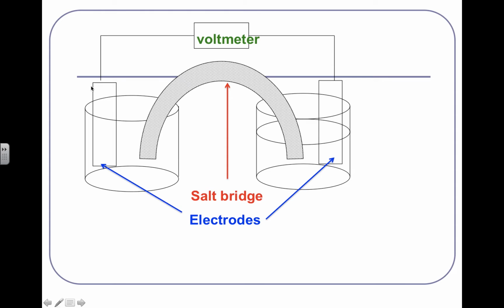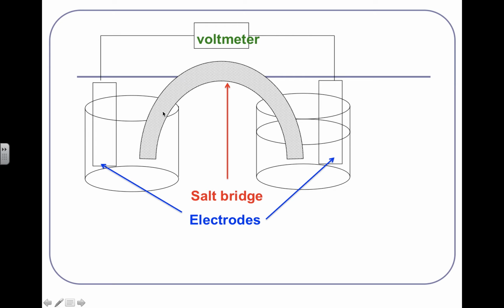Okay, so these are our two electrodes, and each of these is a half cell. And then they're going to also be connected not only by this external circuit, but also by a salt bridge. This salt bridge is going to allow some electrical conduct between the two solutions. It's going to prevent mixing of those solutions, and it will maintain the electrical neutrality because, like a bridge, things travel across it.